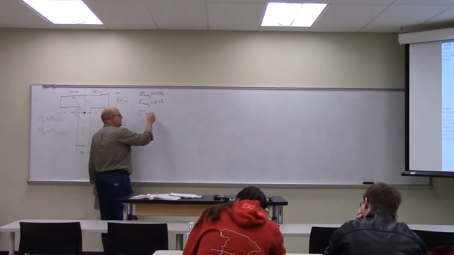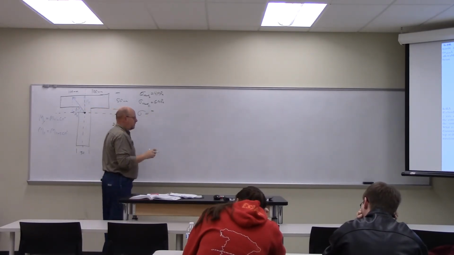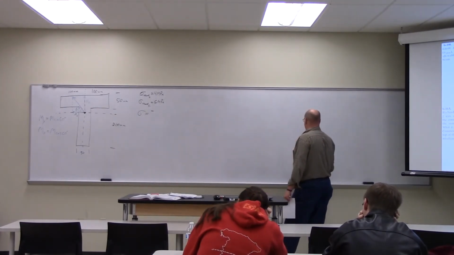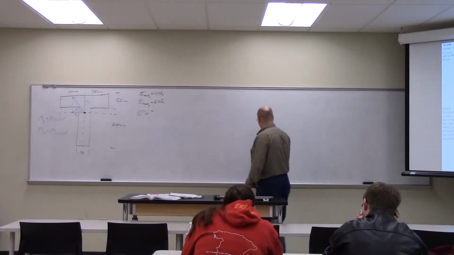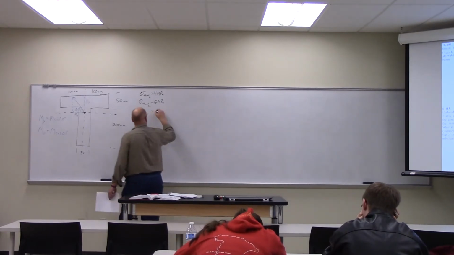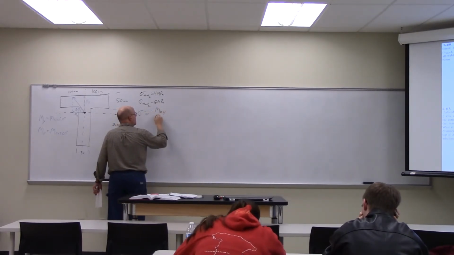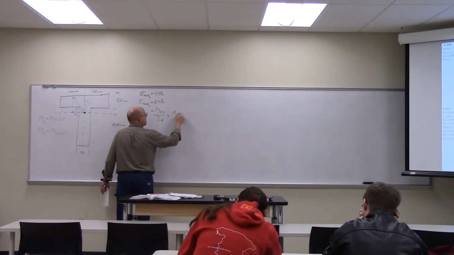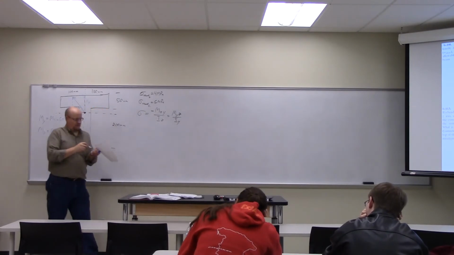The total sigma is minus, remember I had this written down here someplace, minus Mz y over Iz. There it is. Plus My z over Iy. That relationship, right?